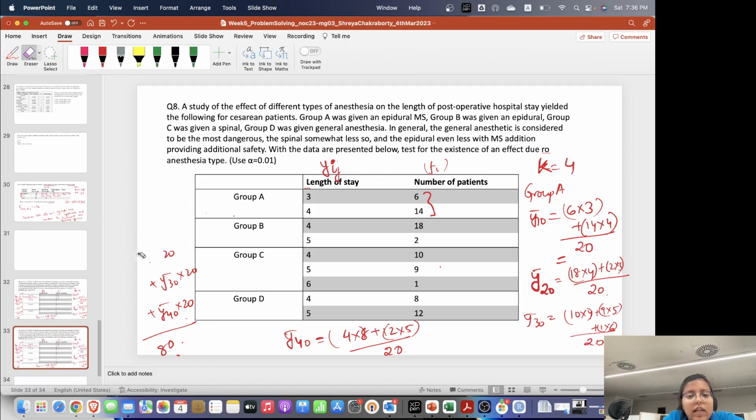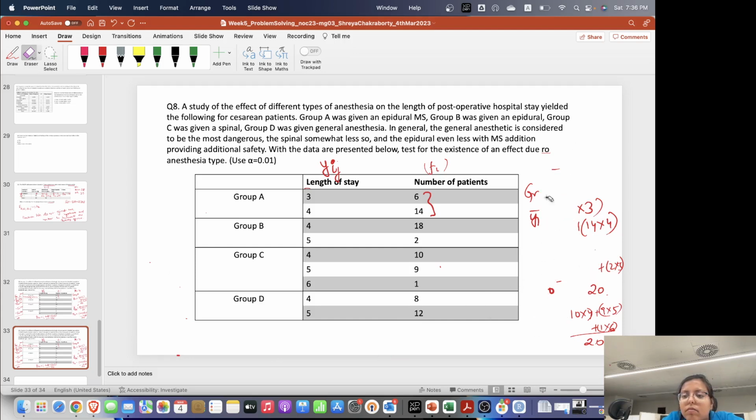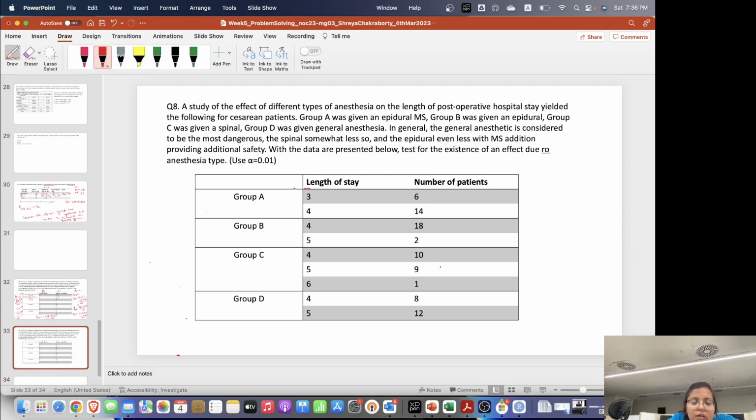So now we know how to calculate the means. How will we calculate the sum of squares between and sum of squares within? SSB was what? Summation ni times yi naught bar minus y naught naught bar whole square.